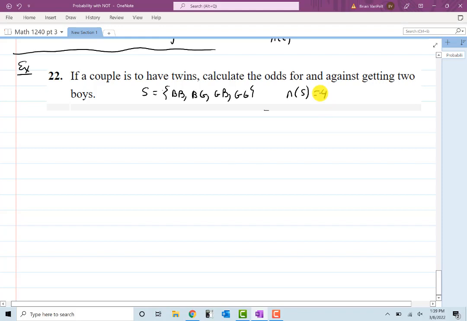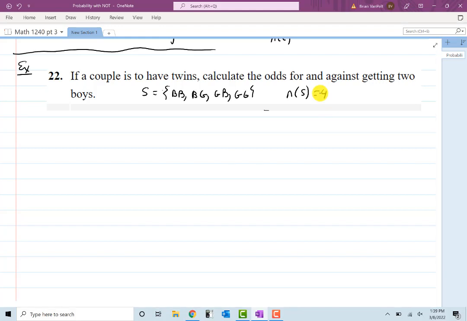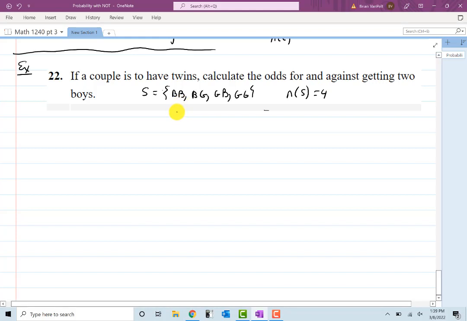Calculate the odds for and against for 2 boys. So let's take a look here. There's 2 boys, and no other outcomes are listed for 2 boys. So the odds for 2 boys equals the size of 2 boys divided by n of s minus the size of 2 boys.